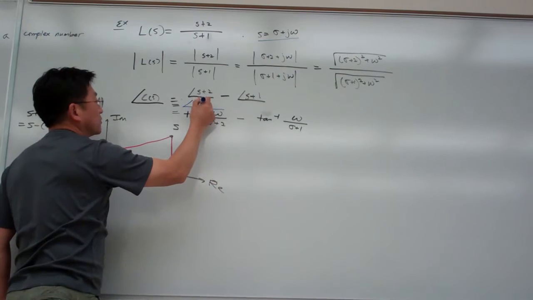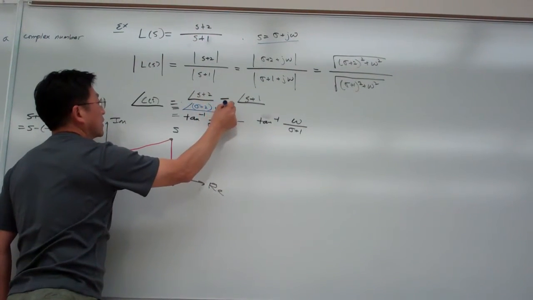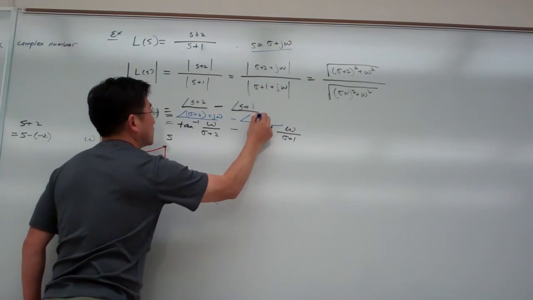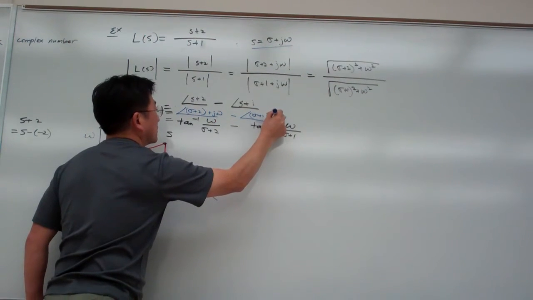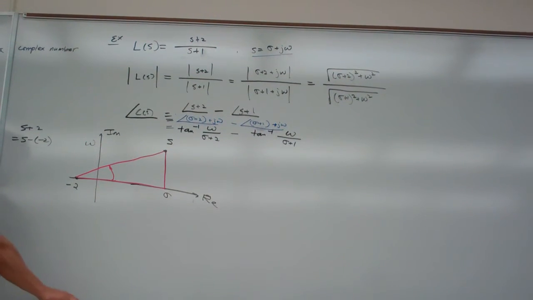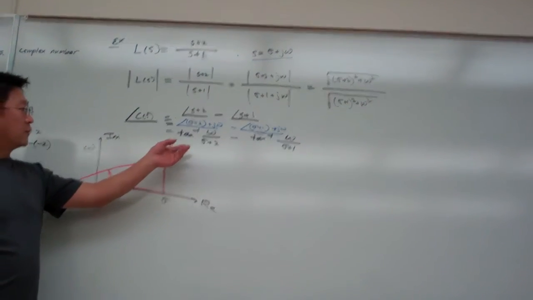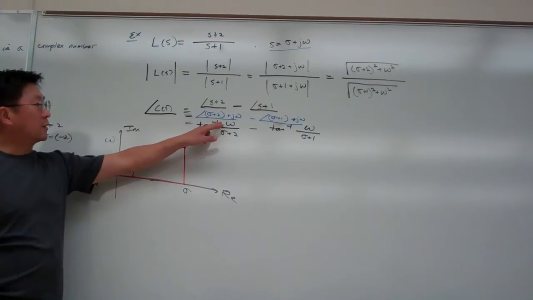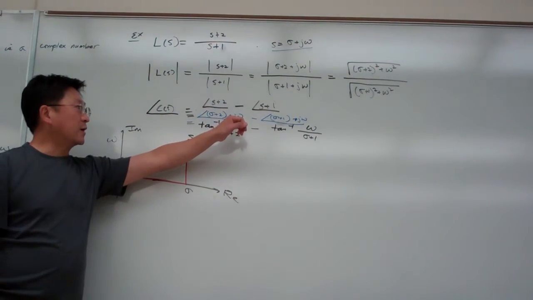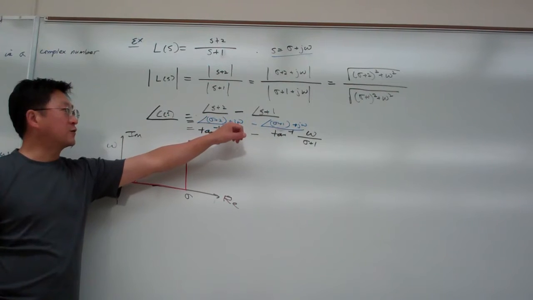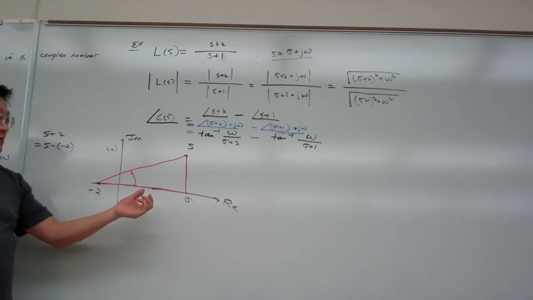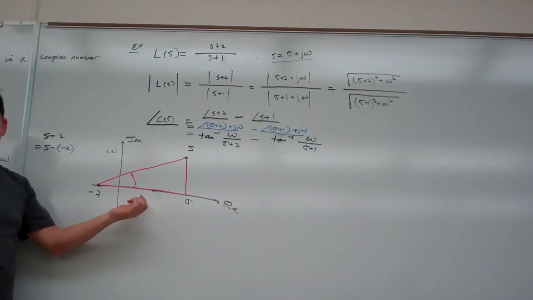So this one will be sigma plus 2 plus j omega, and minus sigma plus 1 plus j omega. So if you like to memorize the equation, phase angle equals arctangent of imaginary over real parts, then you simply add one more line, and from here you can tell the imaginary part is omega and the real part is sigma plus 2. Otherwise, you simply draw a simple graph on the side, and you can tell it.